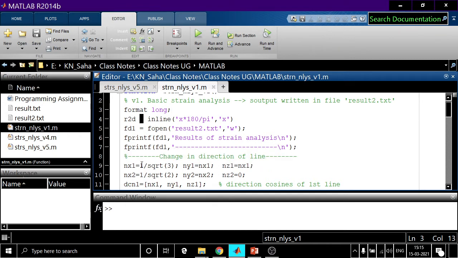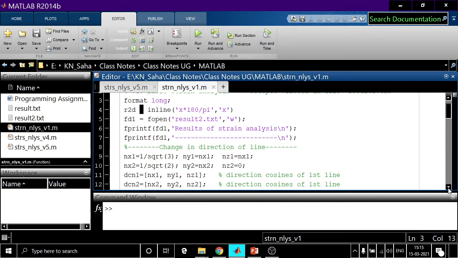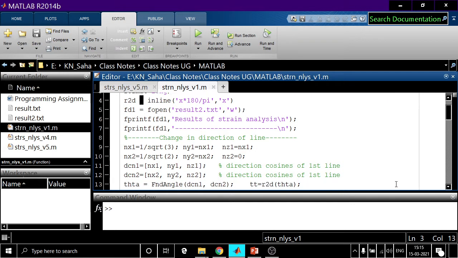So understand they are nx1, ny1, etc. And then we have created two vectors. They are direction cosines for line 1 and direction cosines for line 2. This is the second line, a mistake, I just copied it there. Anyway, understand this is a comment.